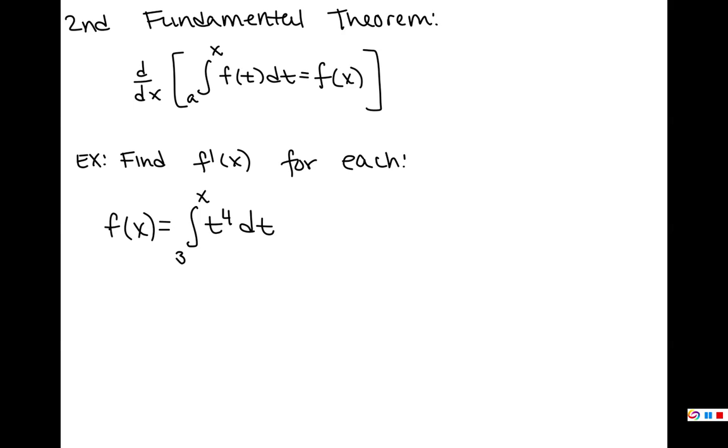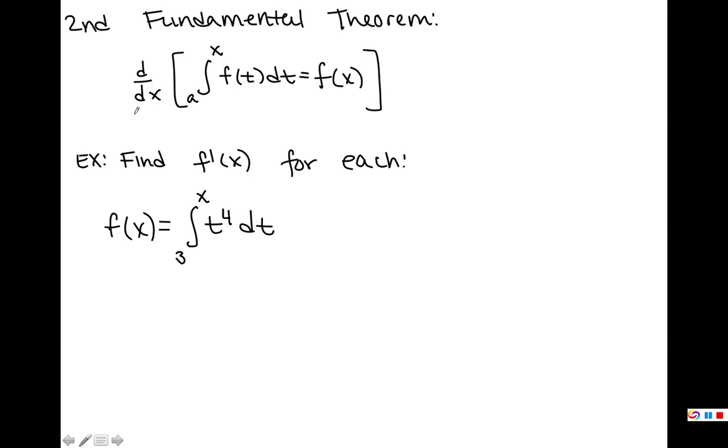Okay, so this is what I was trying to lead up to. This is often called our second part of the fundamental theorem. And this is basically saying, I think I put my bracket in the wrong place. Let me see if I can fix that.